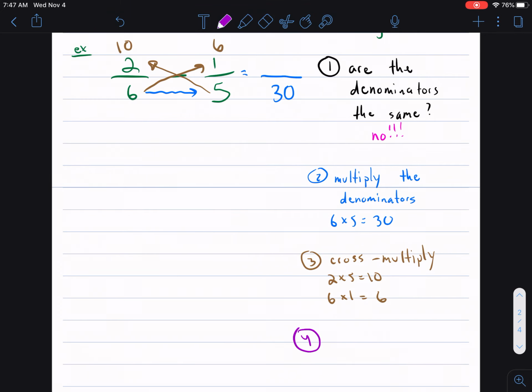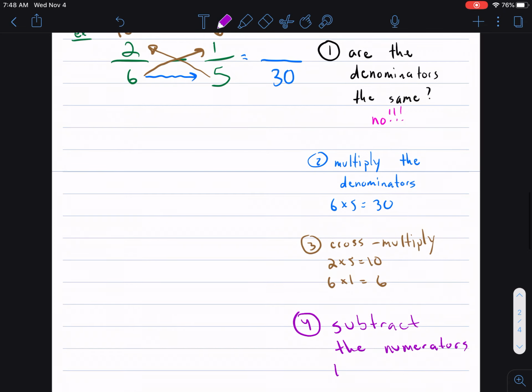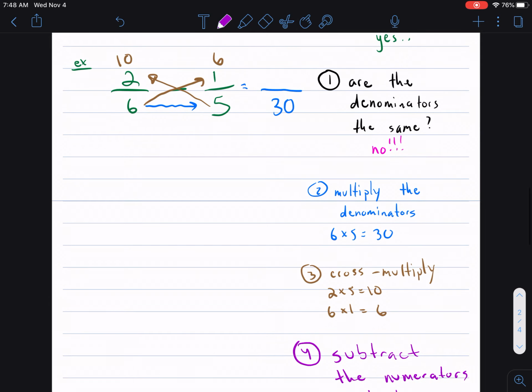Next, subtract the numerators. Van a restar lo de arriba. The top numbers you're going to minus. So 10 minus 6 is 4.